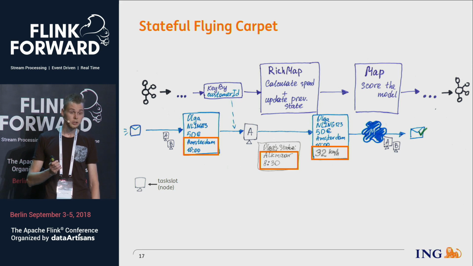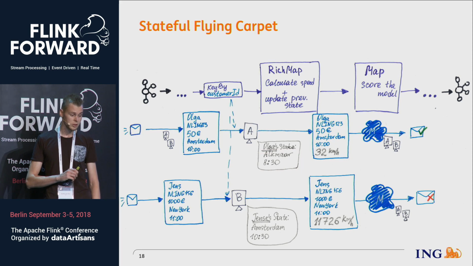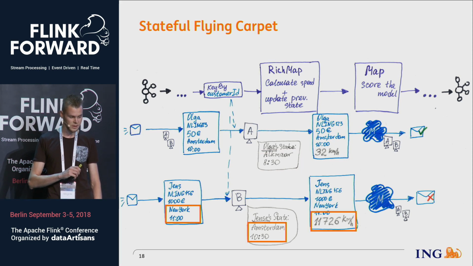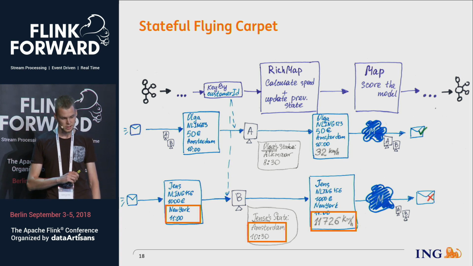Alkmaar is also a Dutch city, and as you know, the Netherlands is a pretty small country, so it is possible for her to reach that. She was just traveling at 32 kilometers per hour. This information is sent to the next operator, and there the model is scored, and we get an OK back.